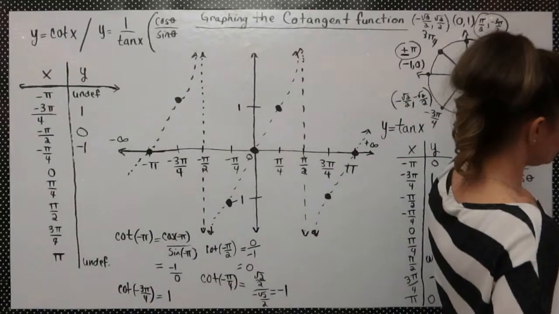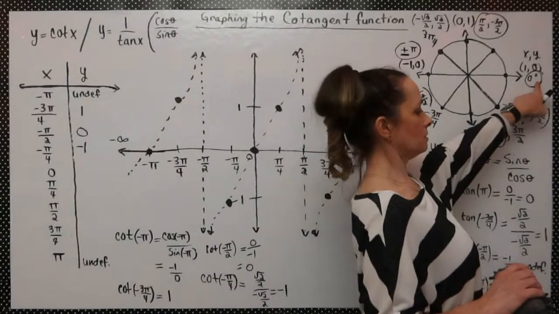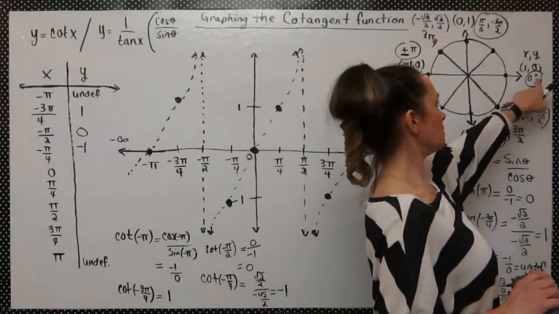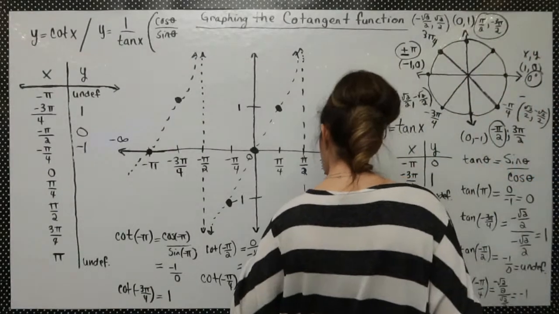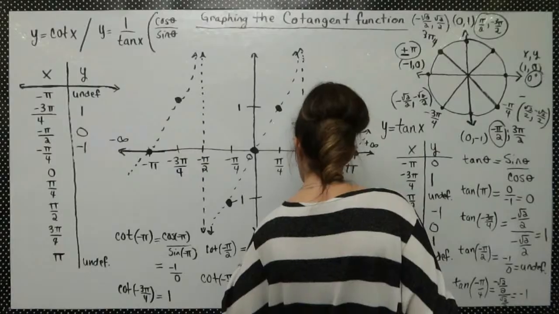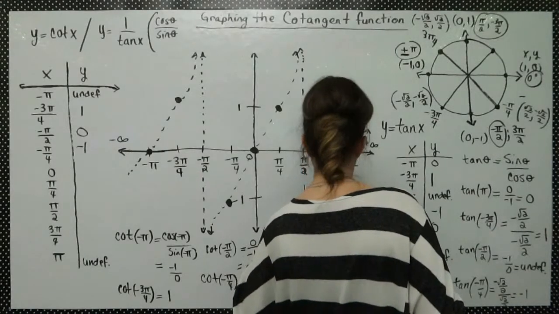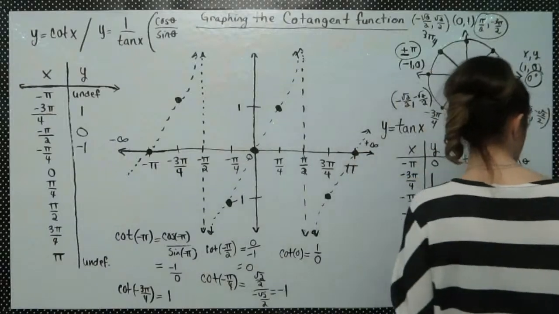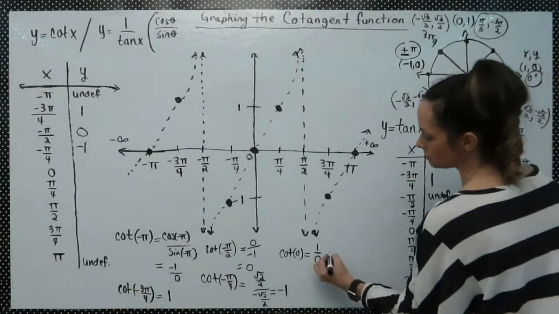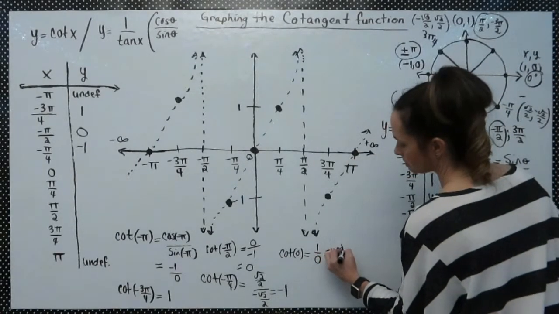Cotangent of 0 degrees here. Oops, I'm in the way. 0. We've got cosine over sine. Cotangent of 0 is going to be cosine over sine. To get out of the way. That's going to be undefined.